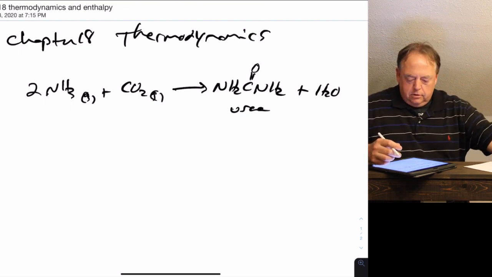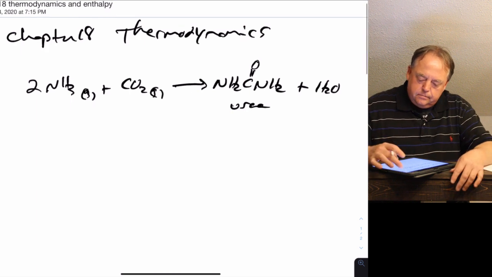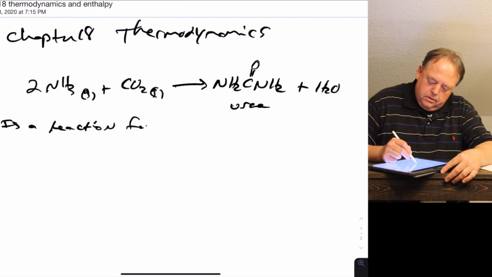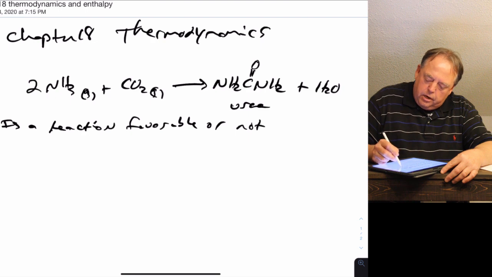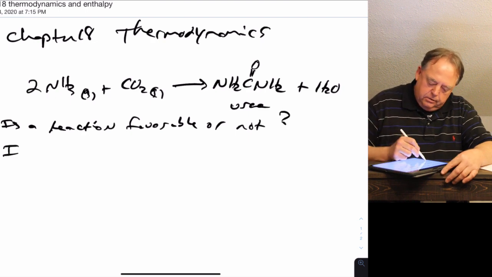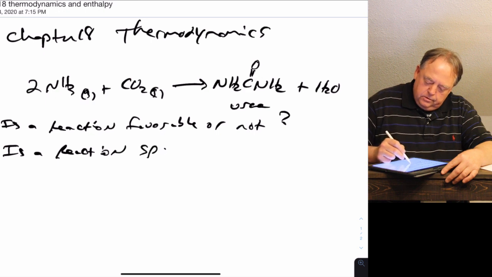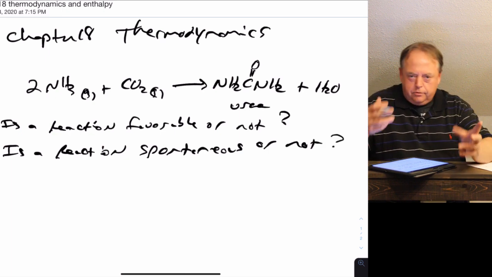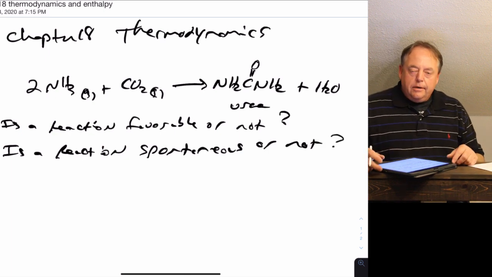So one thing that chemists always want to know is whether a reaction is favorable or not, or is a reaction spontaneous. So if you just mix two chemicals together, will they react with each other or not?